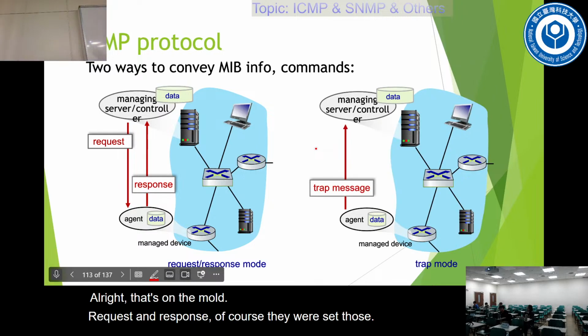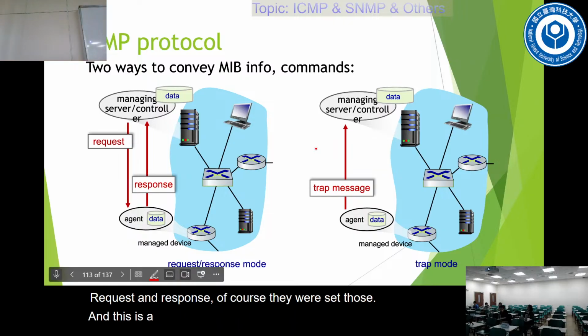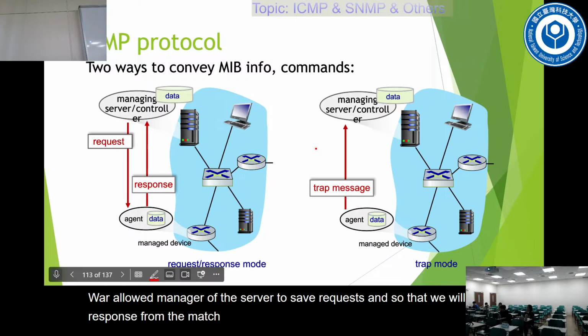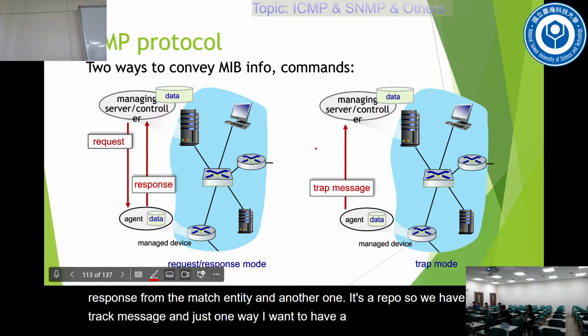And this is the first way. We will allow the manager or the server to send requests, and so that we will get a response from the managed entity. And another one is a report, so we have the trap message. And just one way, I want to have a report sent to you, so this is the second way.